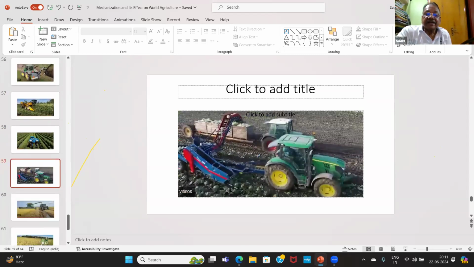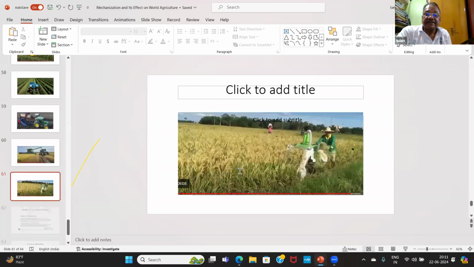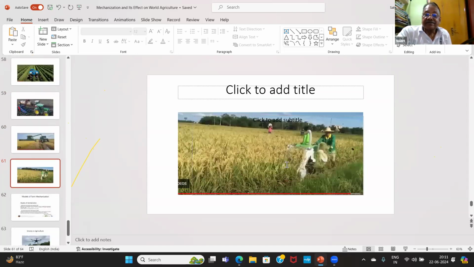See, this is cabbage harvesting combine. And this is grain harvest. These are the things to come in future. And for small holdings like our state, Japanese harvesters, power tillers, and low horsepower tractors.